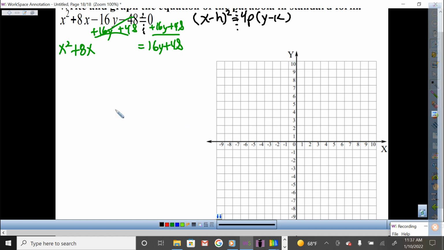Complete the square. Tell your neighbor what to write there to complete the square. All right, Brooke, what do we write?